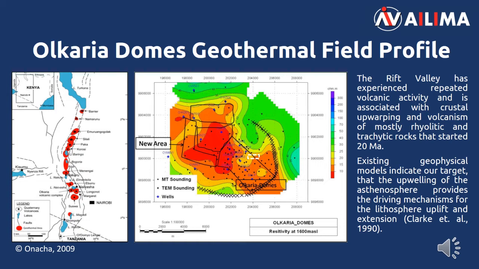Existing geophysical models indicate that the upwelling of the asthenosphere provides the driving mechanism for the lithosphere to be uplifted and extended. Several geological, geophysical, and geochemical studies have been carried out in the Kenya Rift Valley to study and understand the complex geological and tectonic setting of the rift.